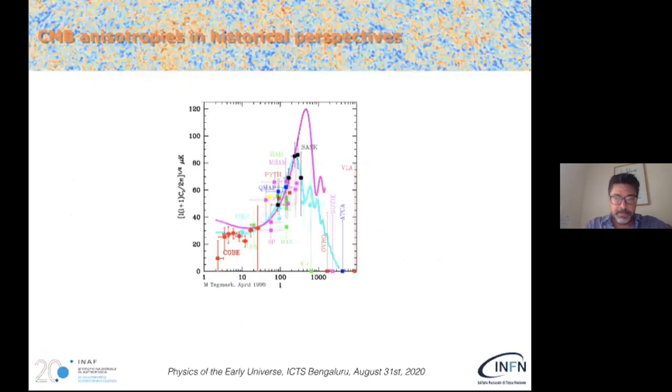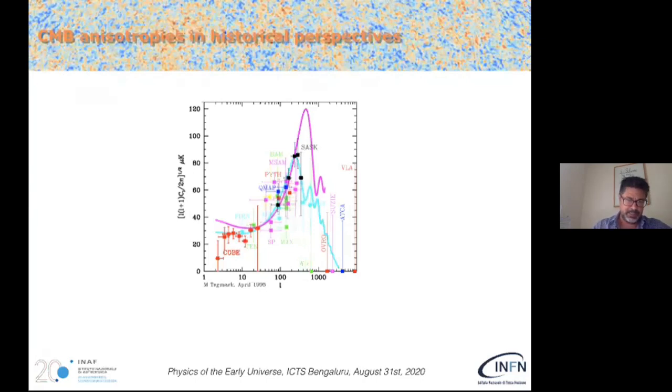In a historical perspective, it is interesting to visualize how the better and better measurement of CMB anisotropies to finer angular resolution was of key importance for the constraints on inflation. So this plot shows the state of the art of measurements of the CMB temperature power spectrum approximately 20 years ago.